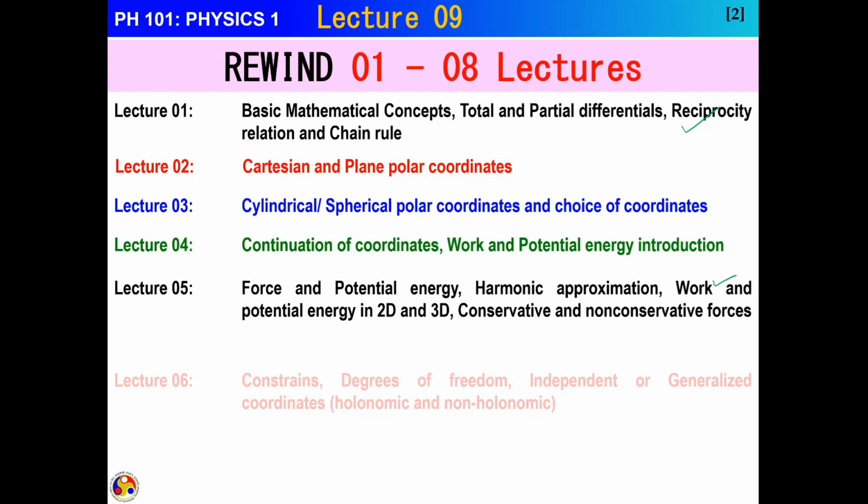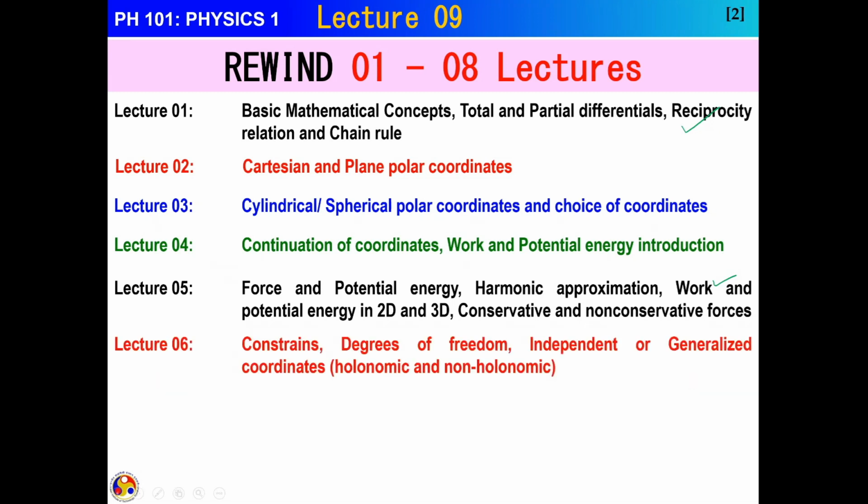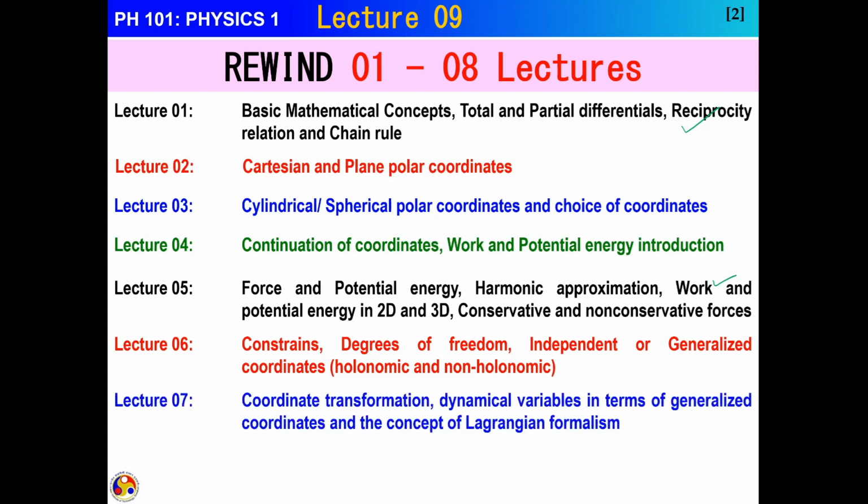So in lecture 6, we introduced the idea of constraints and degrees of freedom, and then independent and generalized coordinates, covering the holonomic and non-holonomic part. Taking that, in lecture 7, the coordinate transformation, dynamic variables in terms of generalized coordinates, and the concept of Lagrangian formalism also were introduced.